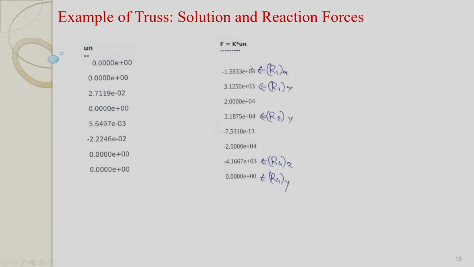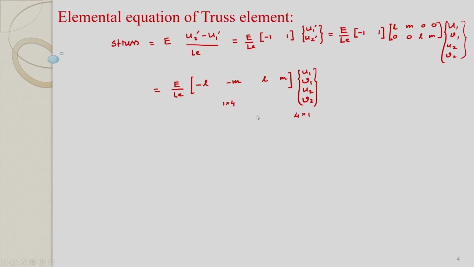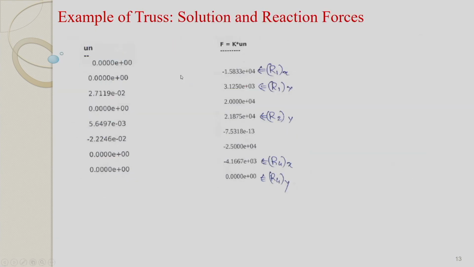Now, the other entries correspond to reaction forces. So, this is the reaction force at node 1 in x direction, this is in y direction. Similarly, for node 2, if you see the problem, the y displacement was constrained. So, we have some reaction force on node 2, corresponding to U4 or F4. Similarly, for node 4, these are the reaction forces in x and y direction.